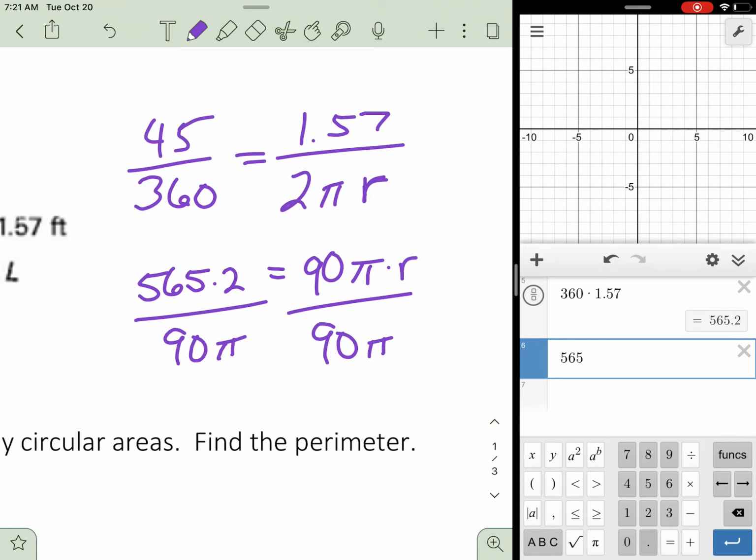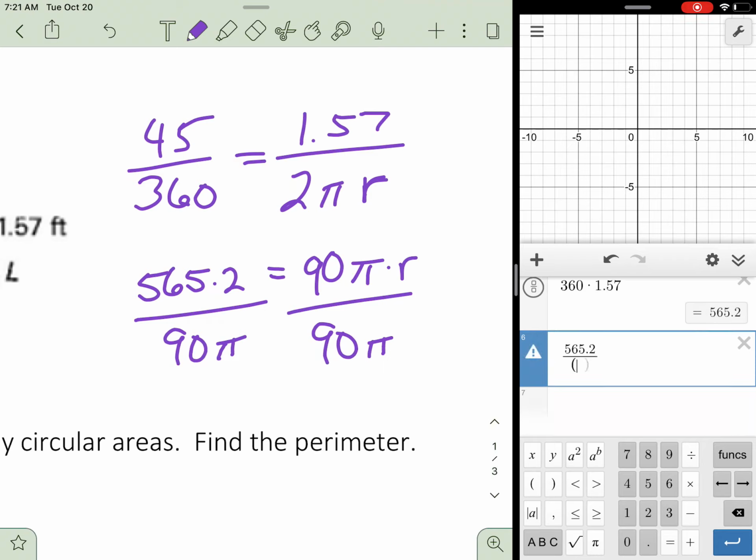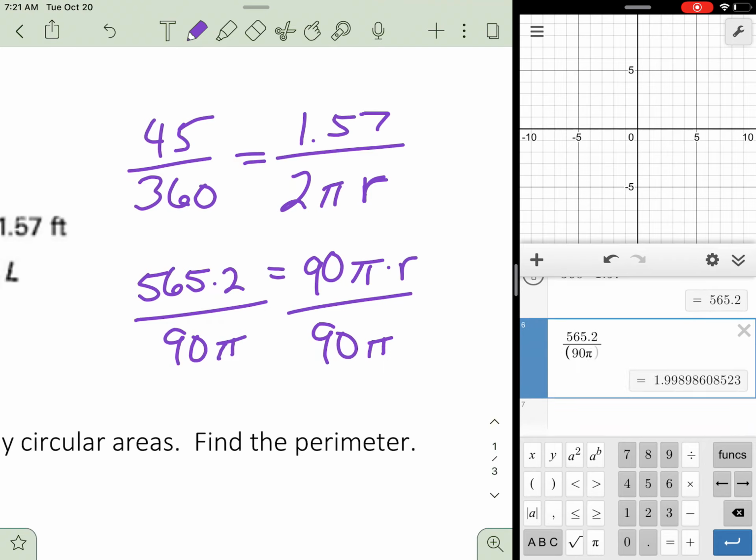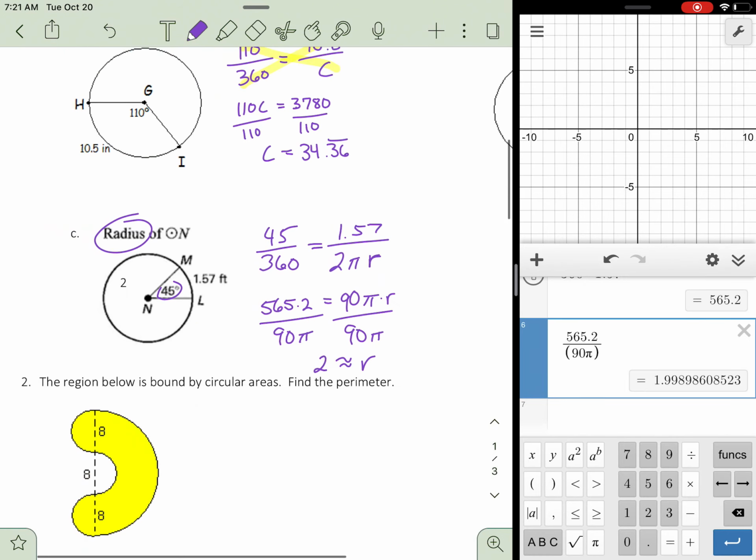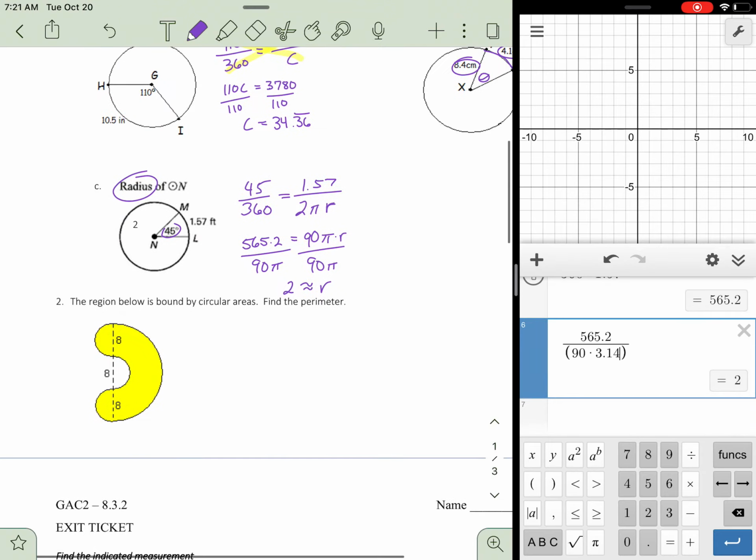So we have 565.2 divided by, parentheses, 90 pi, or 90 times 3.14, right? And so this would give you r equals about 2. We'll just say about 2. Which, I'm just curious, if you use 3.14, it'd be 2, because they rounded a little bit earlier.